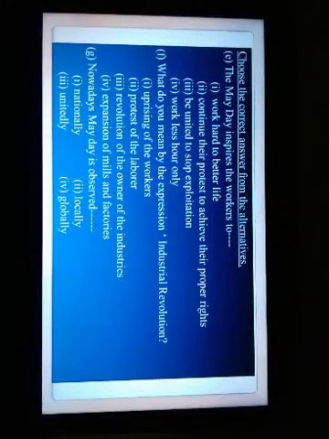And question F: What do you mean by the expression industrial revolution? Uprising of the workers, protest of the laborers, revolution of the owners of the industries, or expansion of mills and factories. The correct answer is expansion of mills and factories. The last question: nowadays May Day is observed where? Nationally, locally, unitedly, or globally. Perhaps you know, this is globally.